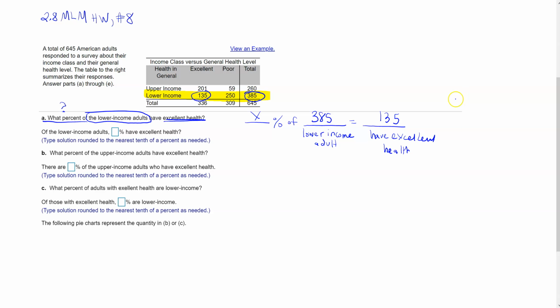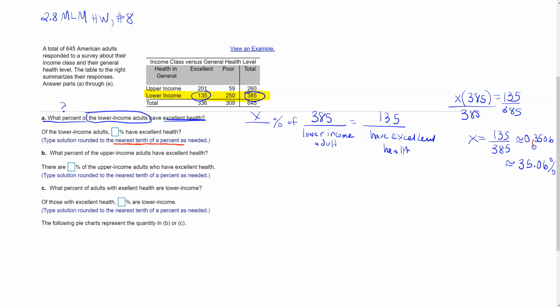So once we have that template set up, we can set up our equation and just solve the equation to find that percent. I'm just going to divide both sides by 385. So 135 out of the 385 low-income adults would give us a percent of, okay, wait, let's see. We're being asked to round to the nearest tenth of a percent.